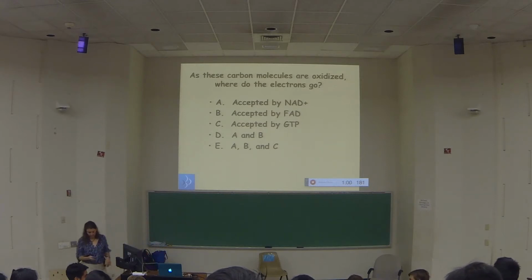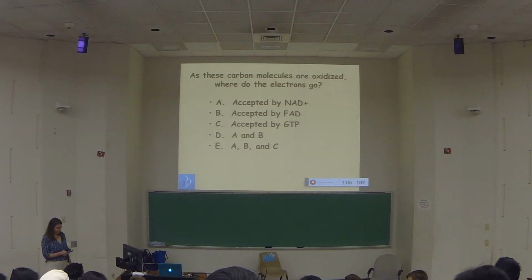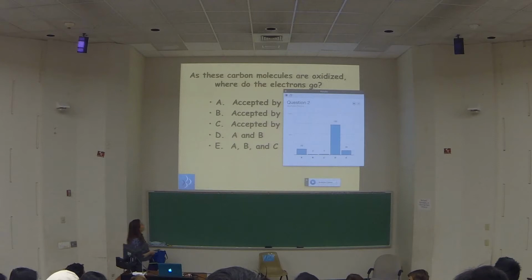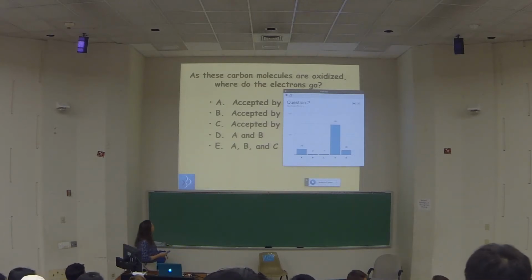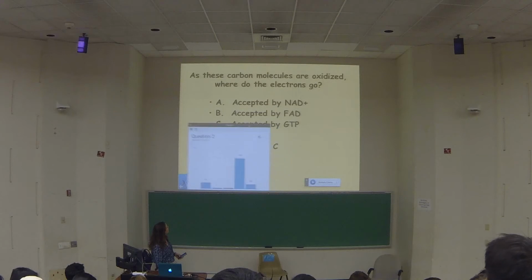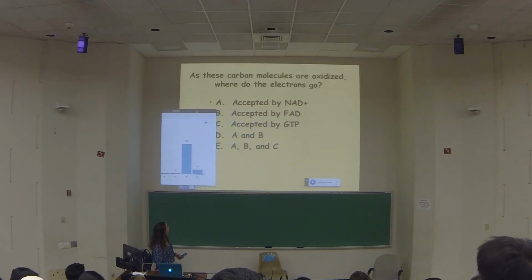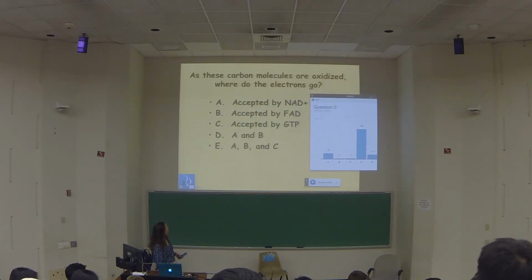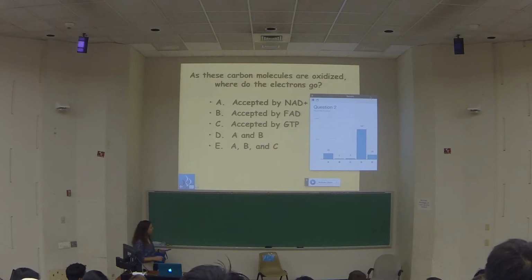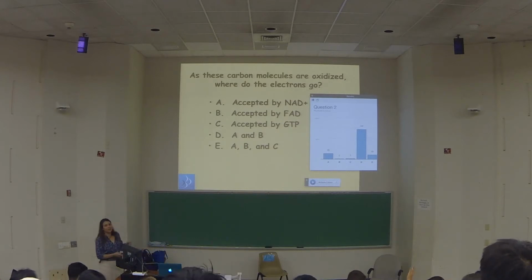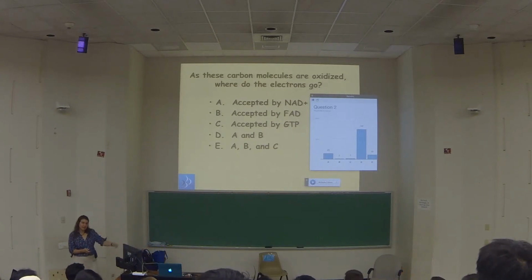Let's take a look. All right, a little bit of confusion. What are our two electron acceptors in cellular respiration and glycolysis? All right, so the correct answer is D, because it's NAD. We're giving our electrons to NAD plus and FAD.